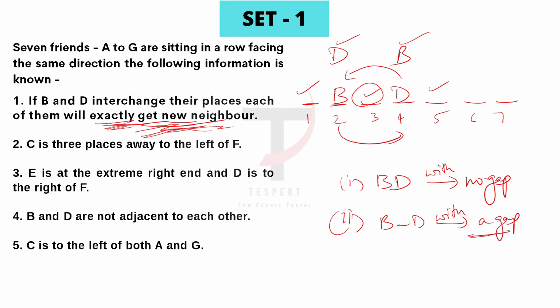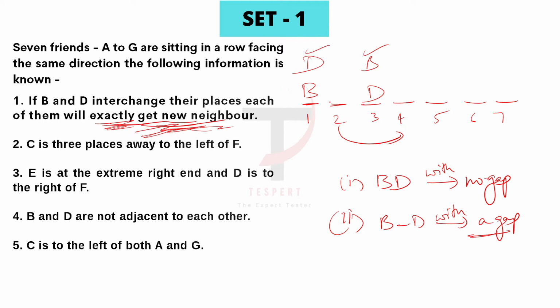Alright. So what if I place B at the extreme end with a gap left? Let us find out. If I place B at 1 and D at 3, D has, of course, 2. The person sitting at 2 is a common neighbor for B and D, and the other neighbor of D is 4. If I interchange the positions, B is coming here, D is going here, and the new neighbor of B is 4, but there is no new neighbor for D, right?